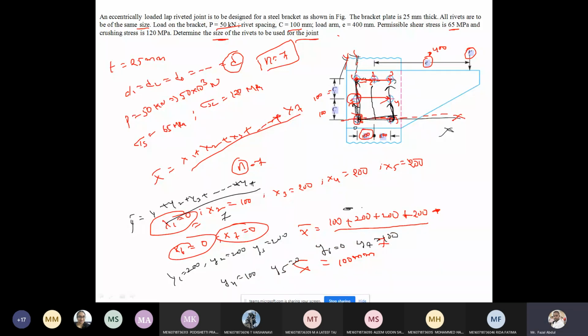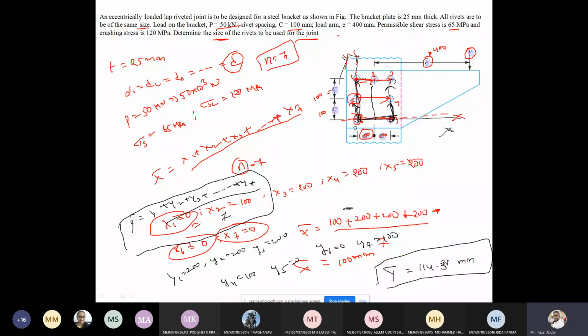Substitute all the values in the equation here and tell me the y bar value. What is y bar? 114.28. It means 114.3 mm, I'm taking.